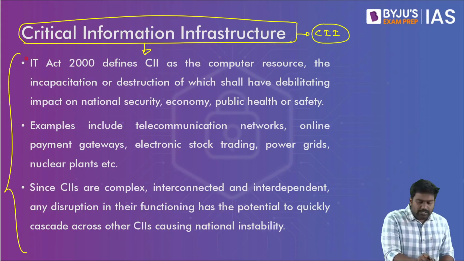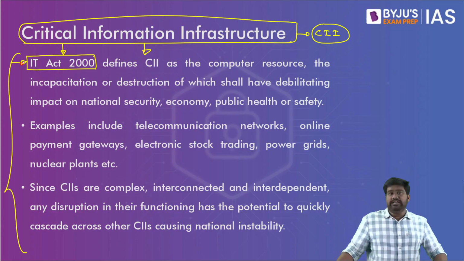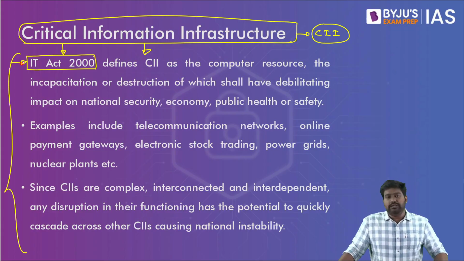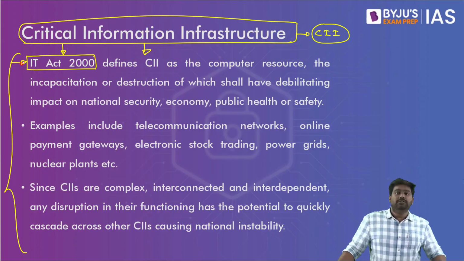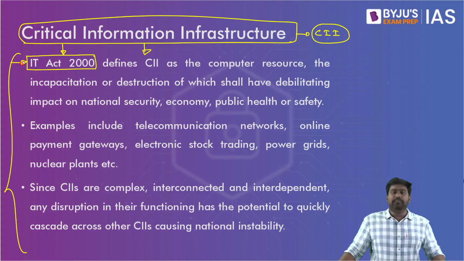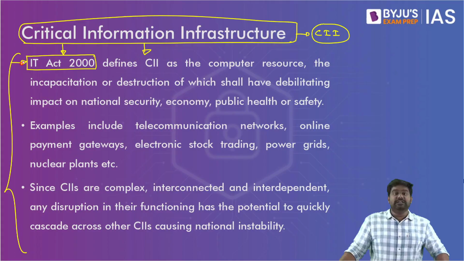This term is defined under the IT Act of 2000. Remember, in the last chapter we studied IT rules that regulate social media, OTT, and digital media platforms. Those IT rules, I told you, are notified under the Information Technology Act. Currently, this is the primary law we have which governs information technology, all digital technologies. So under the IT Act, critical information infrastructure has been defined.